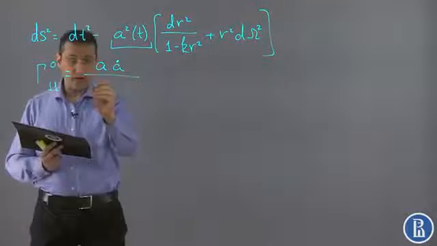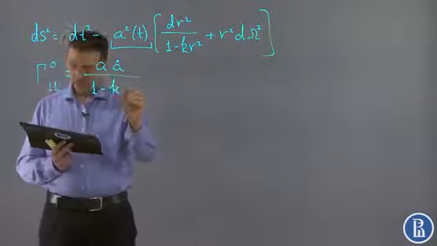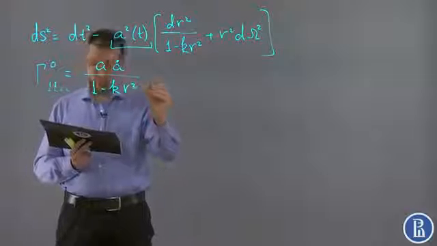Gamma 0 1 1 is a times a dot over 1 minus k r squared.